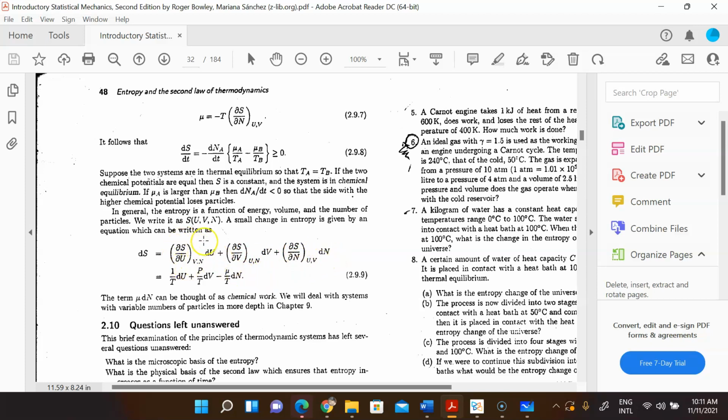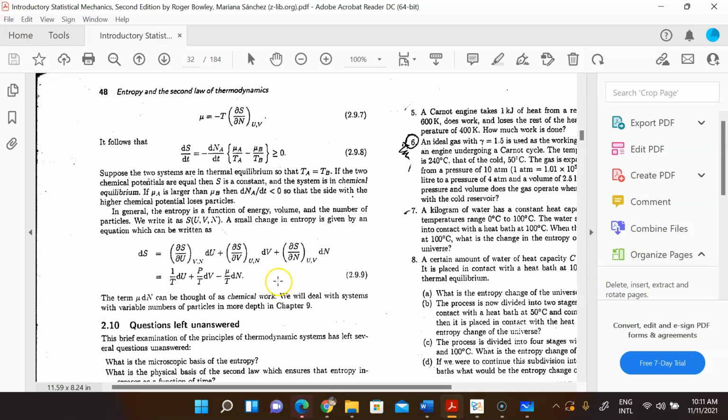One can refer back that this is related to the reciprocal of the temperature times dU, then this one will be the one with respect to the pressure over temperature, and finally this one will be the chemical potential divided by temperature. So if you don't do this separately, you will always have to consider all these changes with respect to the different variables inside your entropy function.